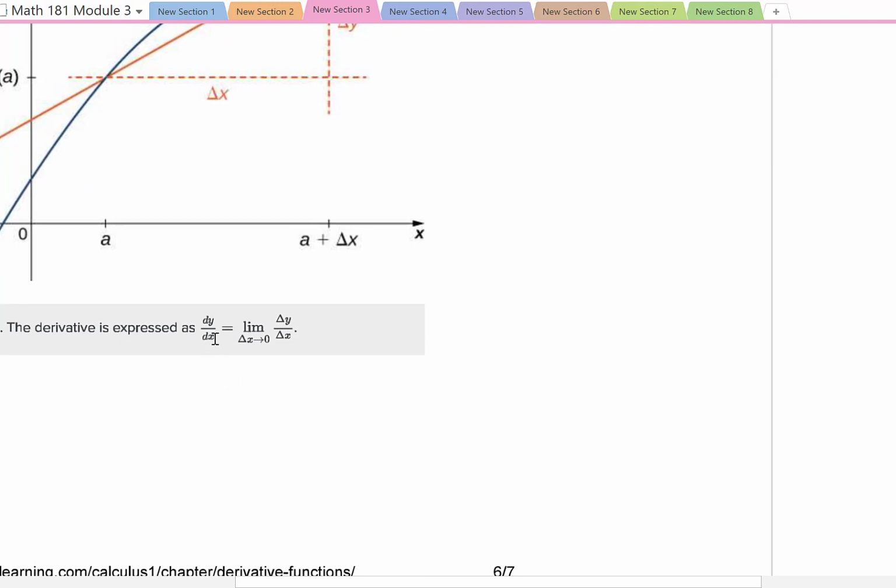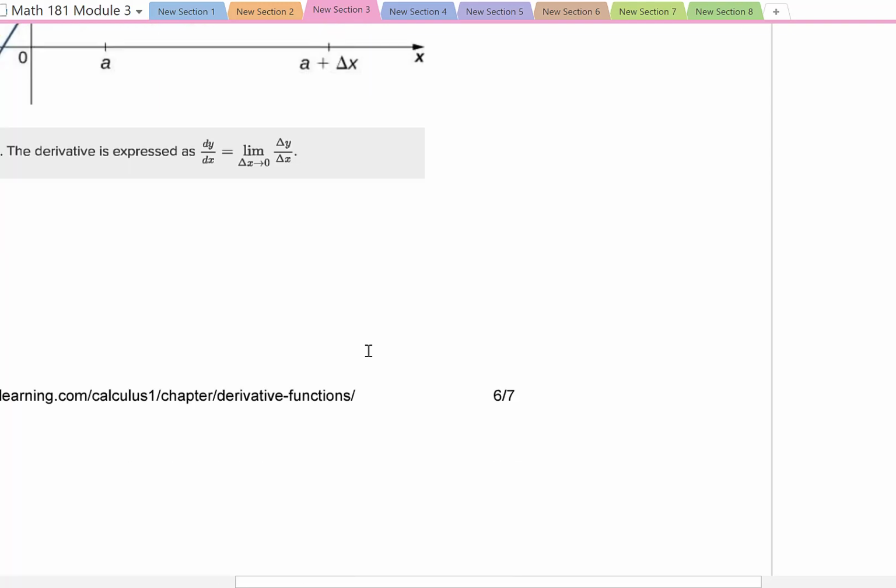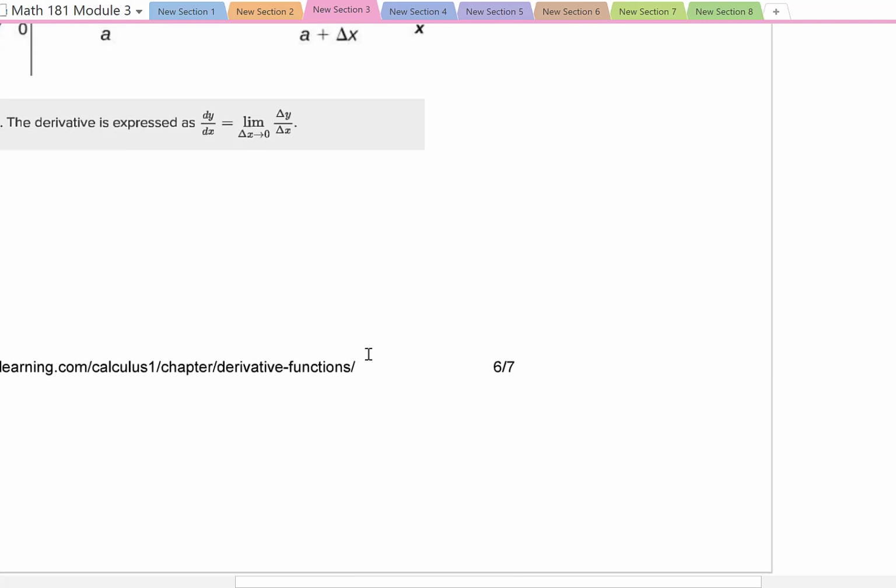So the derivative expressed as dy over dx is one of the notations we use. We can also use f prime of x as another one, and sometimes y prime. Anyway, this is the limit as delta x goes to 0 of delta y over delta x. And that's it for this section.